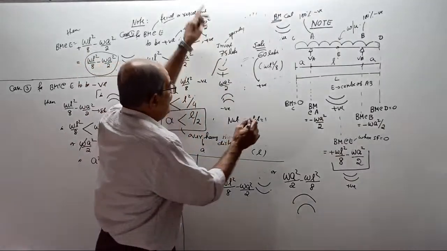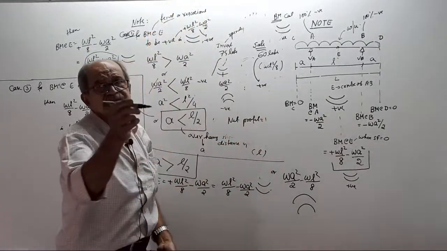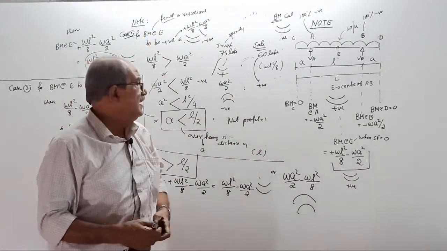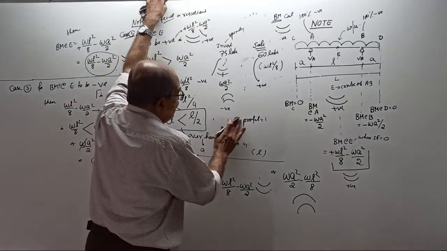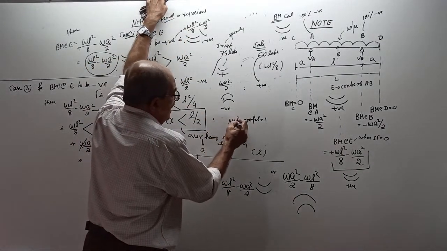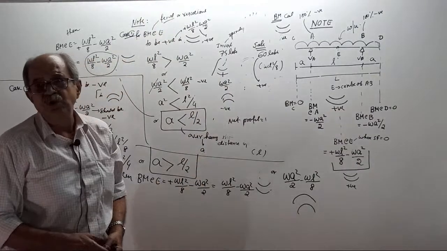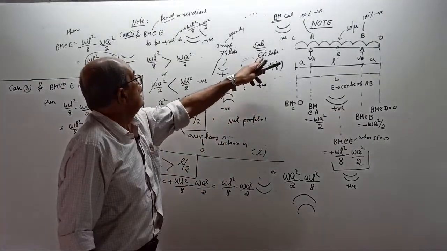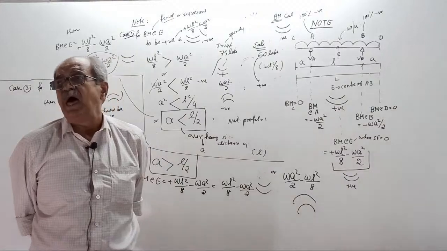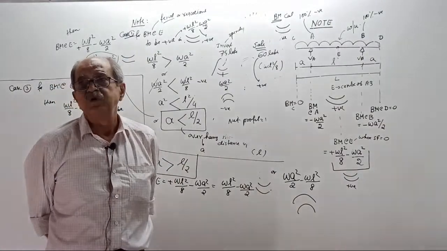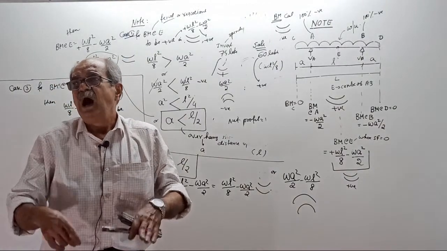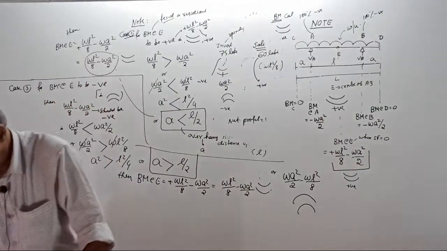So tell me the net profit. Tell me the equation. You spent 75 lakhs and sold the house for 60 lakhs. Tell me how you calculate profit first.